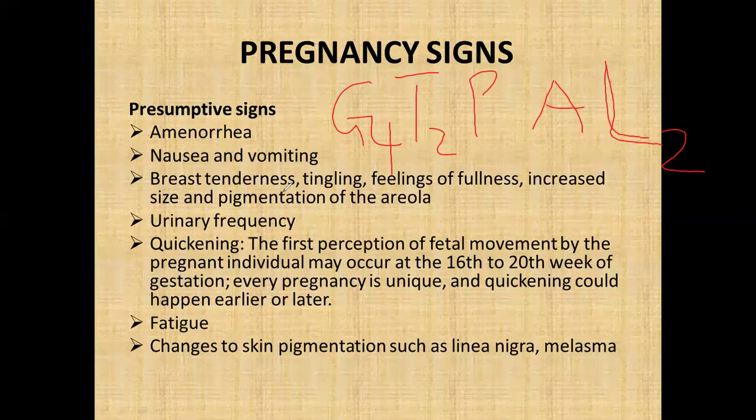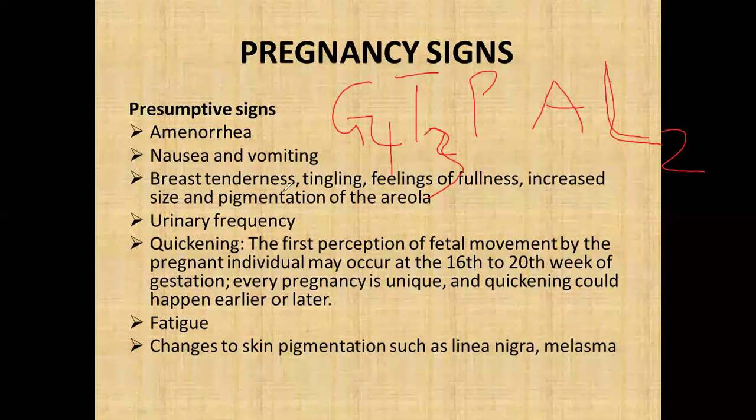Okay. If the person gave birth after 37 weeks and then the child is lost, it will still be counted as term. Just that that very term child had died. I hope you are getting me. Yeah, I now understand.